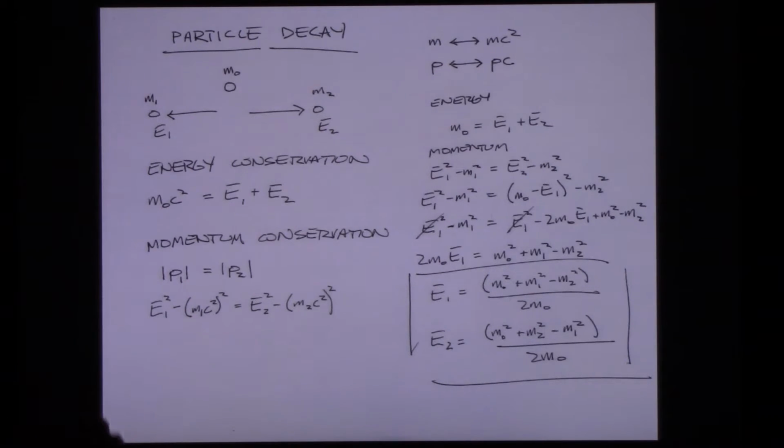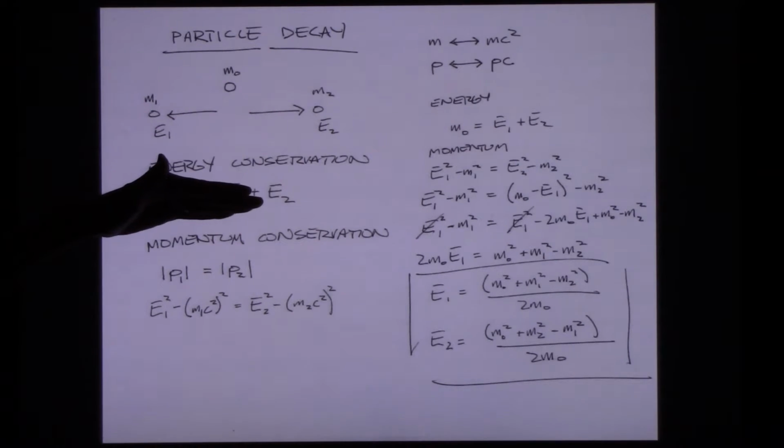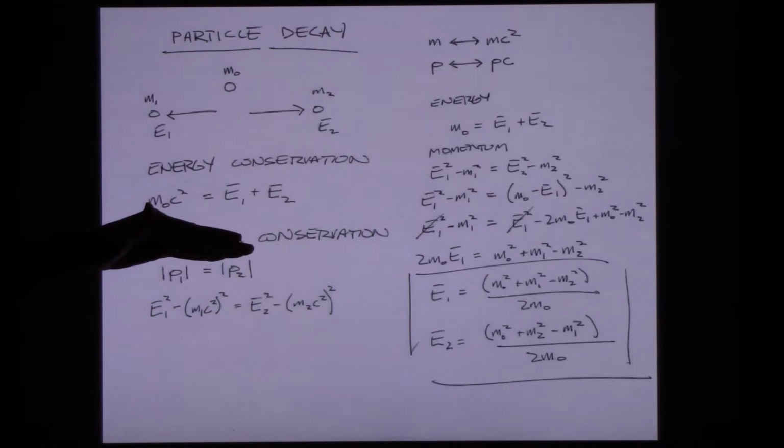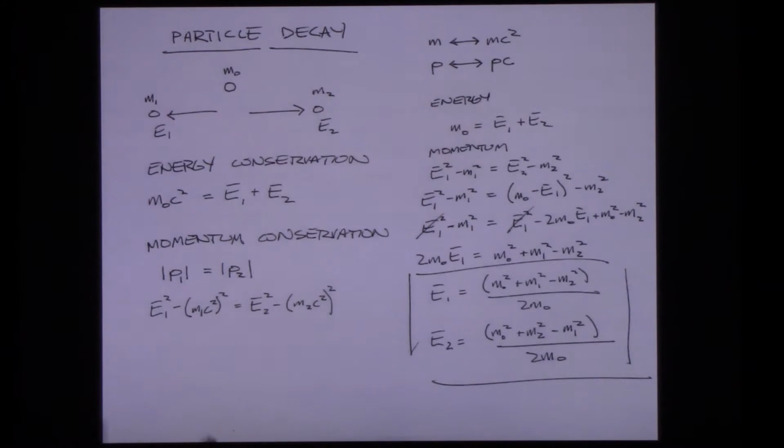And the mass that disappears becomes kinetic energy. Sounds crazy, but those are the rules in special relativity. So the mass decreases, the combined mass is less than what we started with, and what's called the missing mass is converted into kinetic energy.